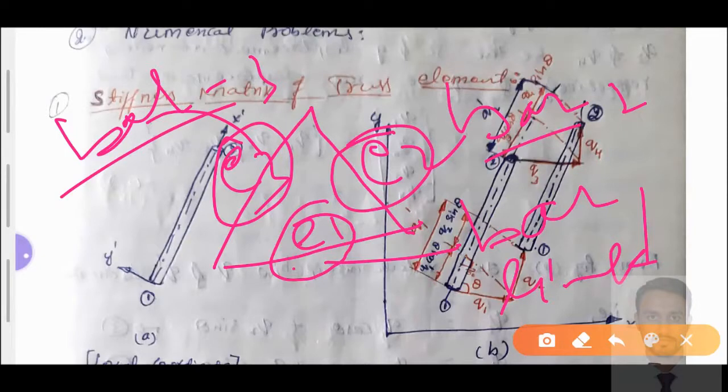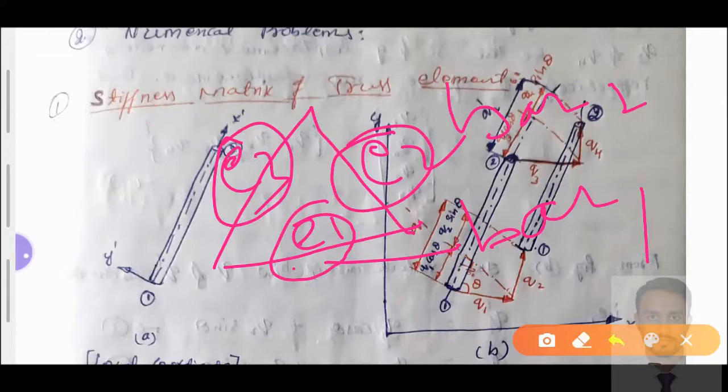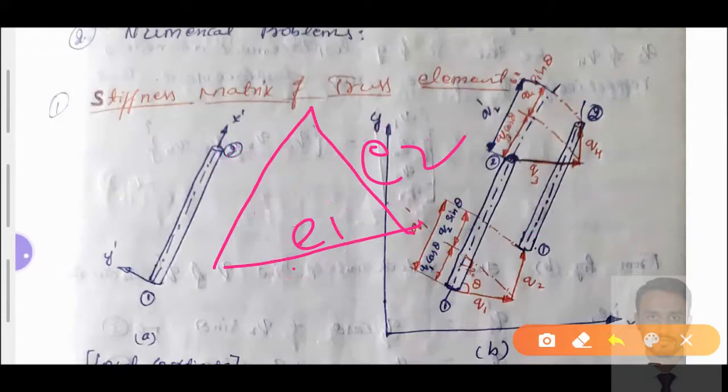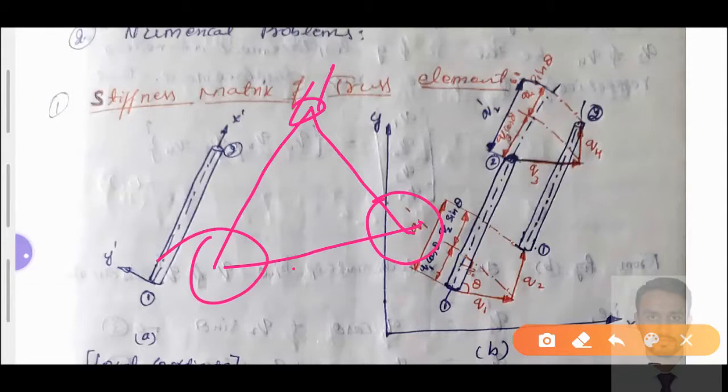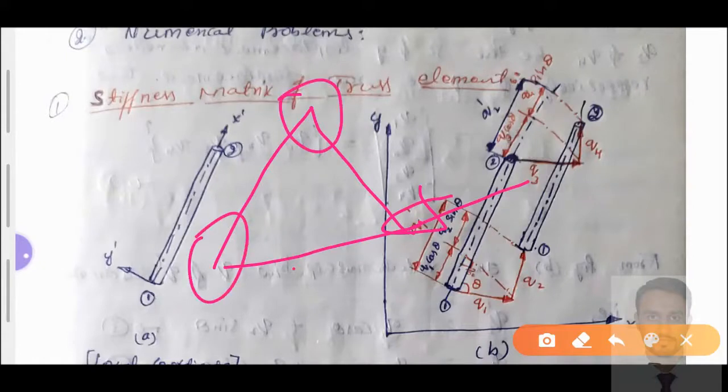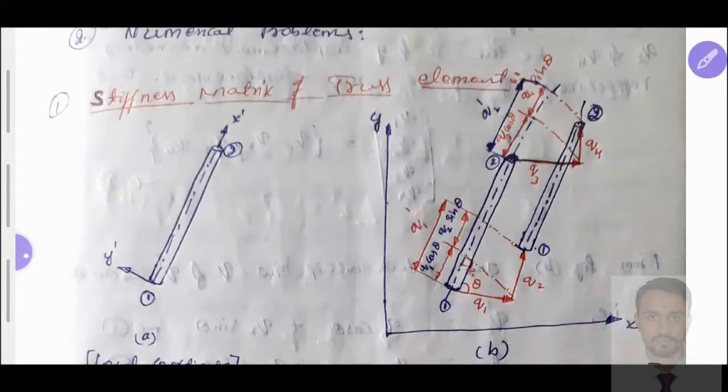The combination of these elements has a relative displacement with each other due to the application of a load. If I apply a load here, there is relative displacement with this node as well as with this node. For example, if I apply the load here, both nodes will get displaced. So a combination of more than one bar element that has a relative displacement with each other is said to be a truss element.